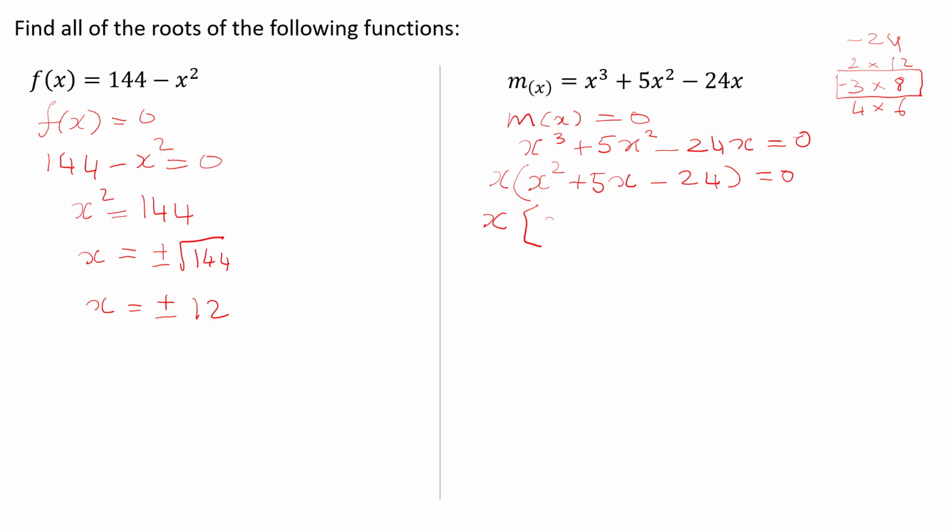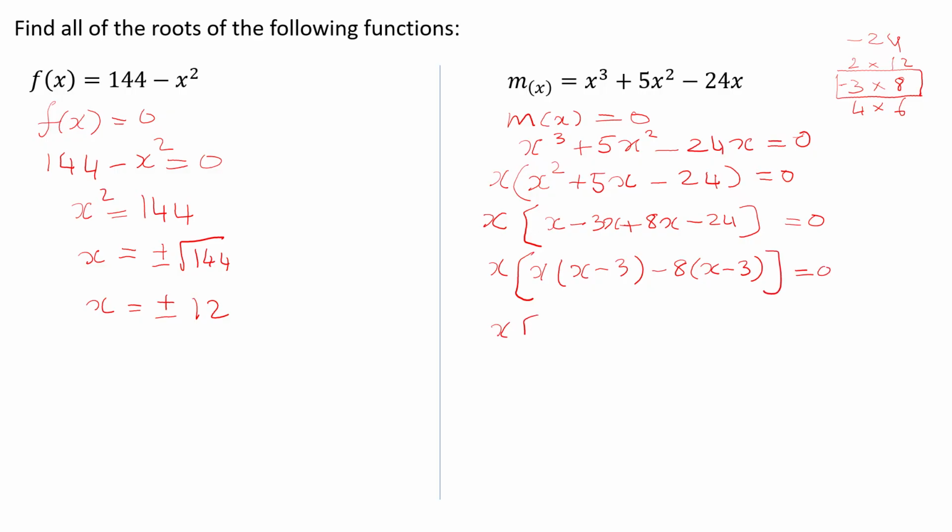So x squared minus 3x plus 8x minus 24 equals 0. Now we need to factorize: x times x minus 3, plus 8 times x minus 3.